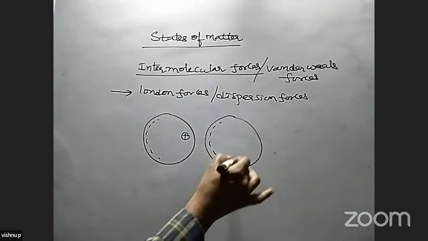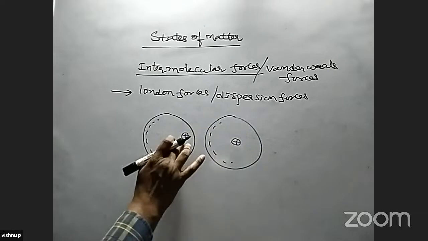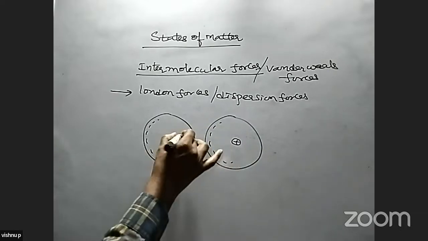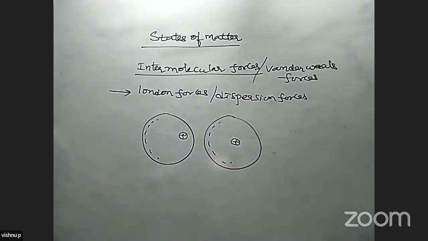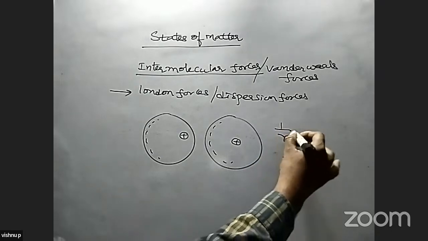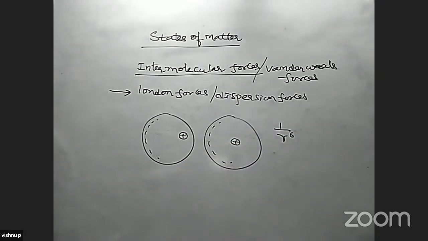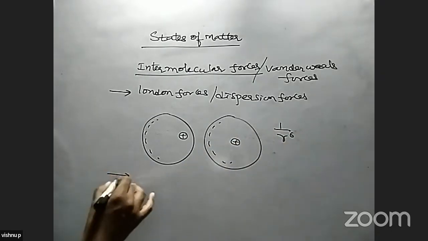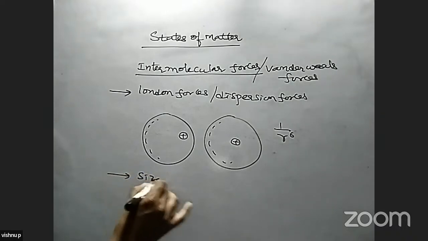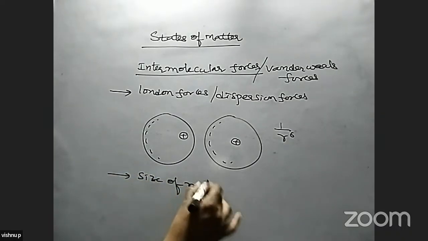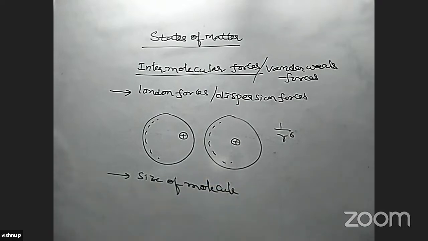Because of this dispersion of charges between the positive nucleus and electrons, some attractive forces are possible. These are called London forces or dispersion forces. It operates at a distance of 1 by r to the power of 6. London forces depend on the size of the molecule. When the size of the molecule increases, this type of force always increases.